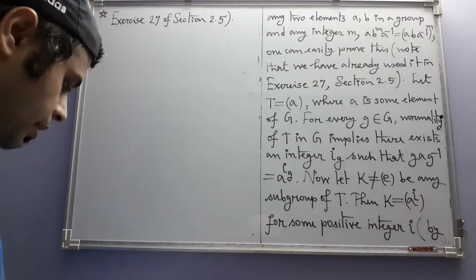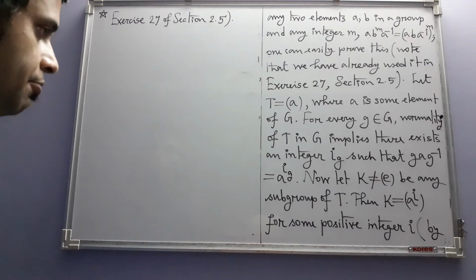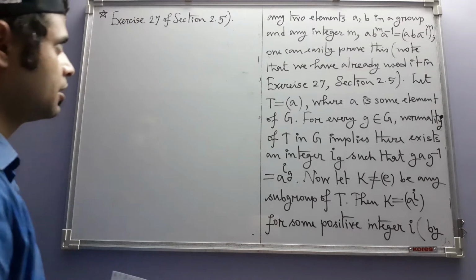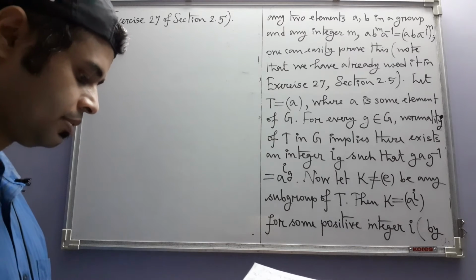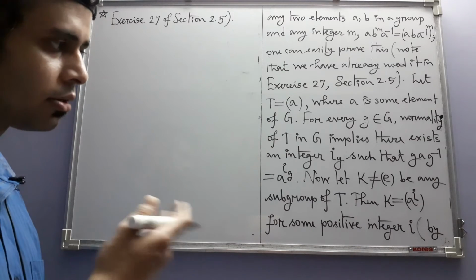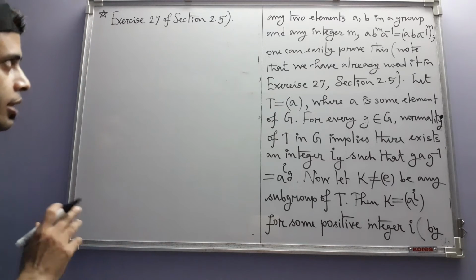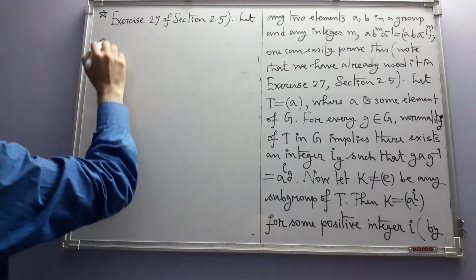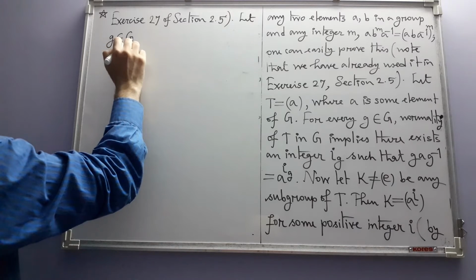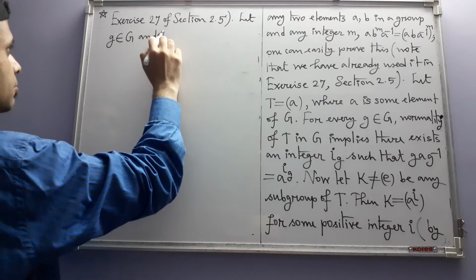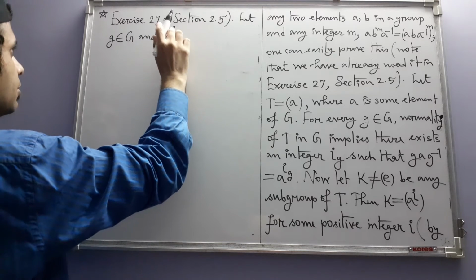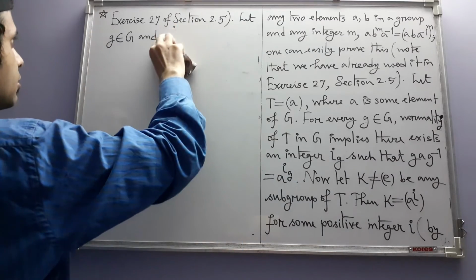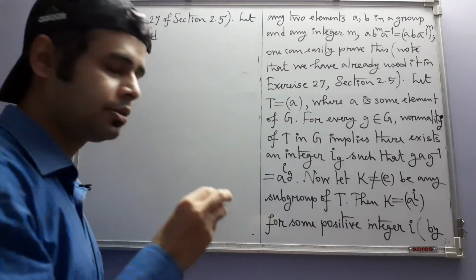Okay, now we want to prove that this K is normal in G. So we will take an arbitrary element from K, an arbitrary element from G, and then form the required product and show that that product belongs to K. Let g belong to G and a to the power j, or not a to the power j, sorry, K is being generated by a to the power i.